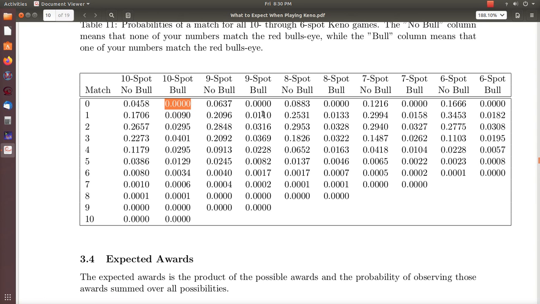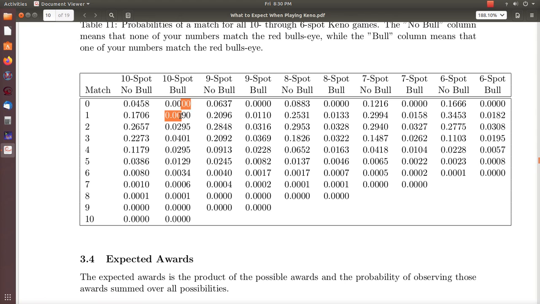So it's always 0 in those cases. But look at this right here. 10-spot game, match of 1. If we add these two numbers, that's that 0.1796 that we looked at earlier. So you're taking those Keno multiplier probabilities and dividing it into no bull and bull. And then awards are based upon which side you match on.